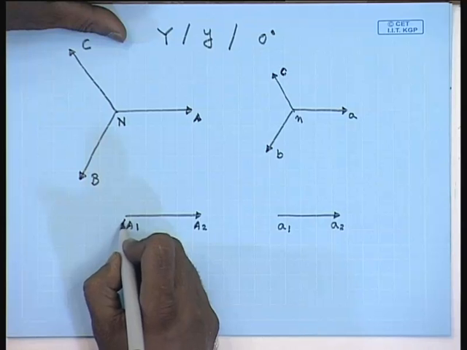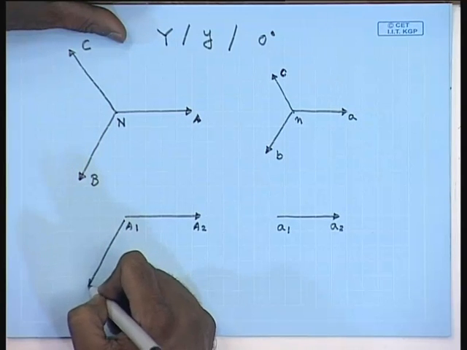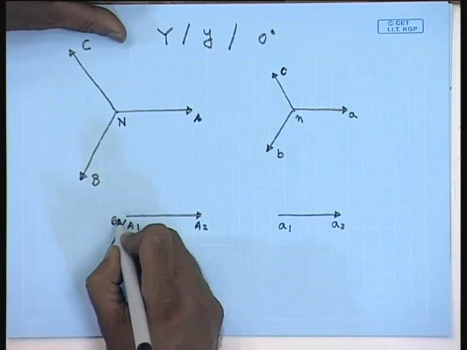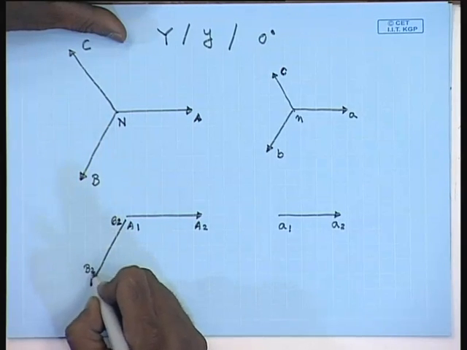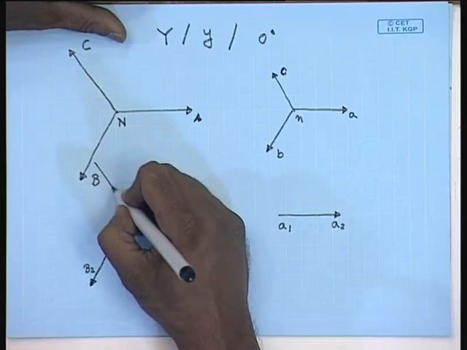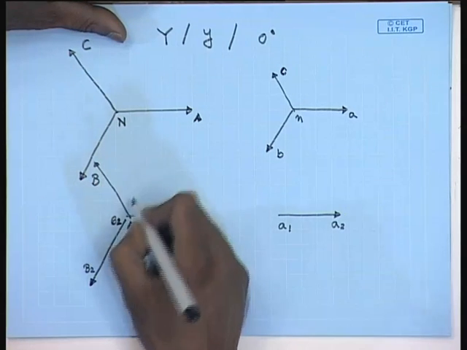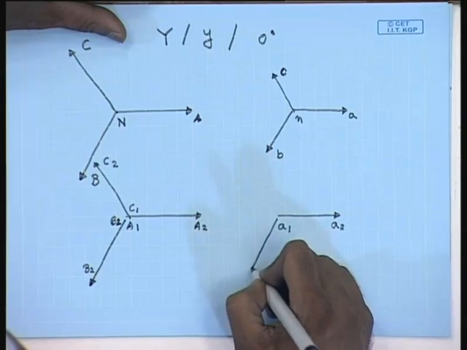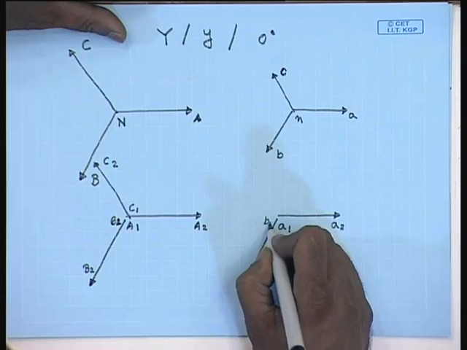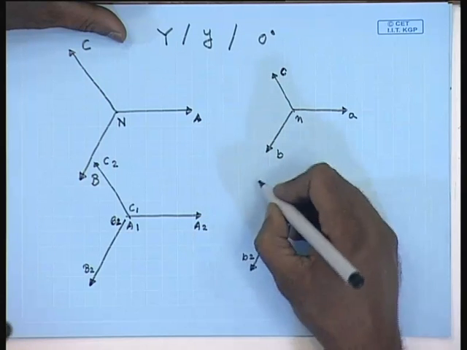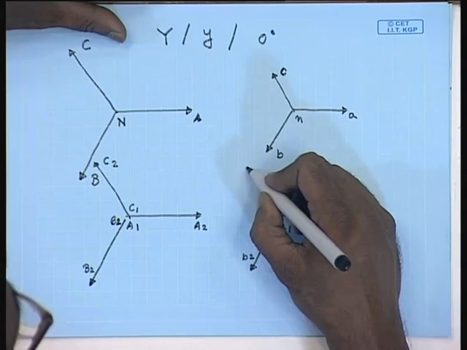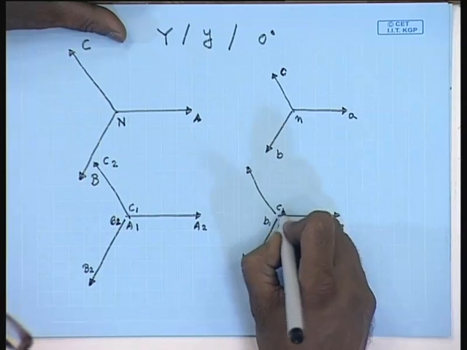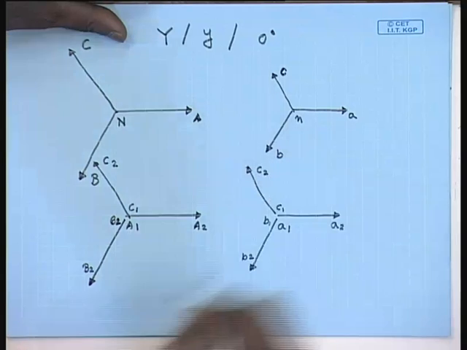This is between B2 and B1, and this phasor is between C1 and C2.